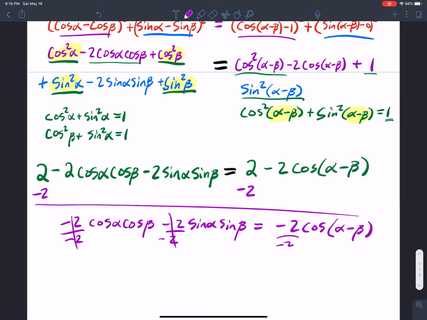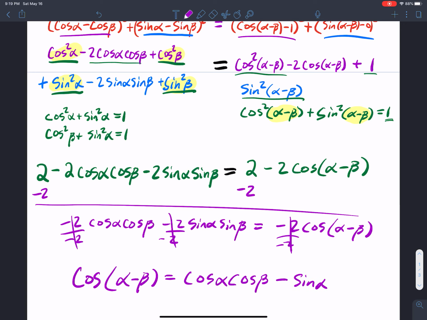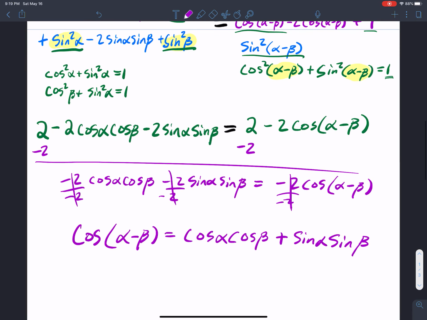And when I do that, I get my desired result. Cosine of alpha minus beta equals cosine alpha cosine beta minus sine alpha, oh, minus and a minus actually make a plus, so that's actually plus sine alpha sine beta. Pretty cool, huh? So that's the formula.